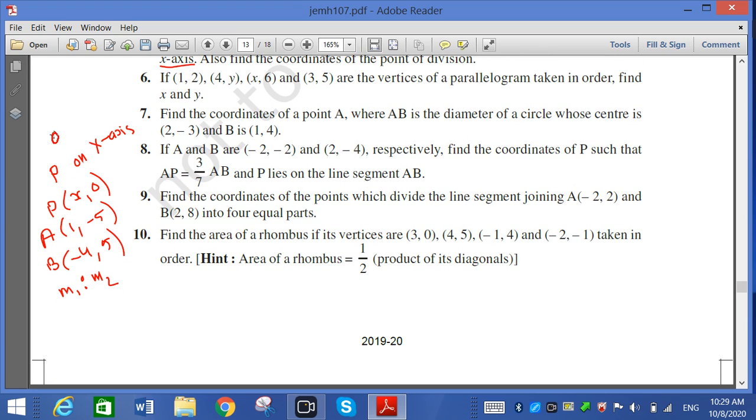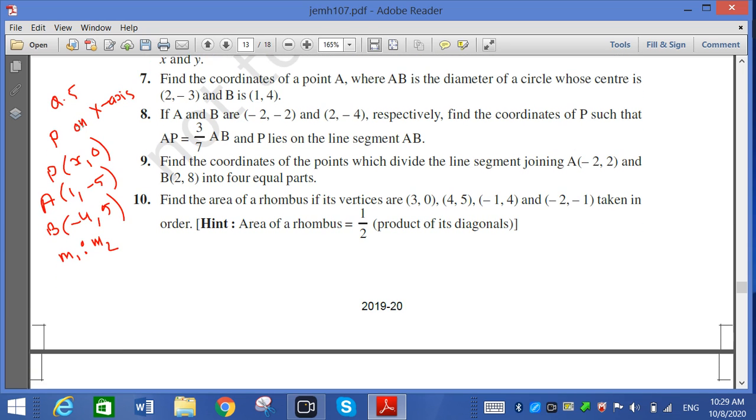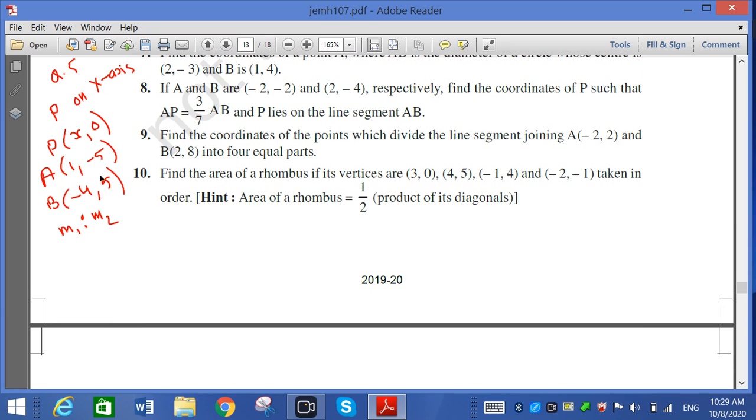Question number 5 we are discussing. Now how can we find out the ratio? Already we discussed that. Take y is equal to m1 y2 plus m2 y1 upon m1 plus m2.